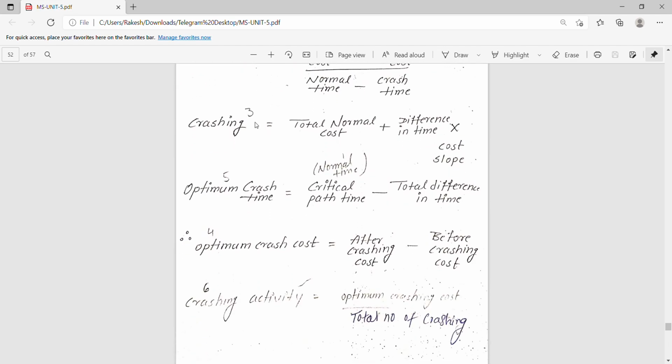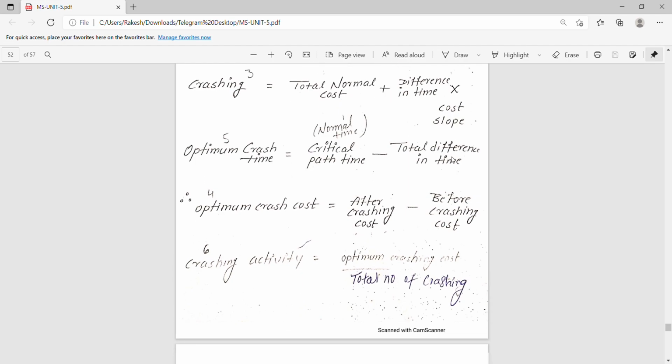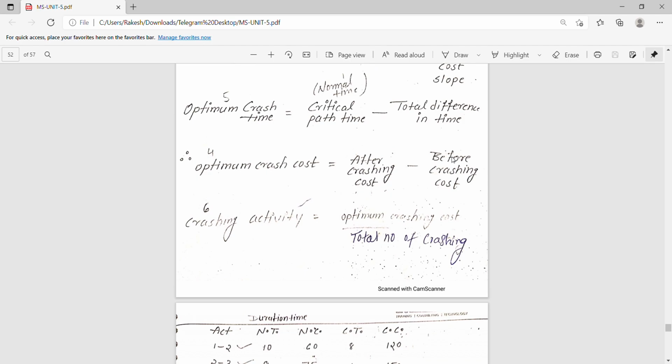And for crashing, at what time it will be crashed: total normal cost plus difference in time into cost slope. These are all formulas you have to remember, and you will understand them when we go for the problem.